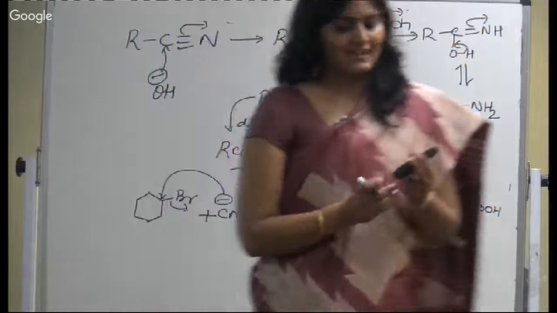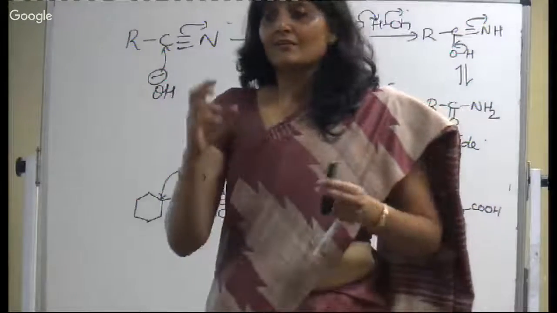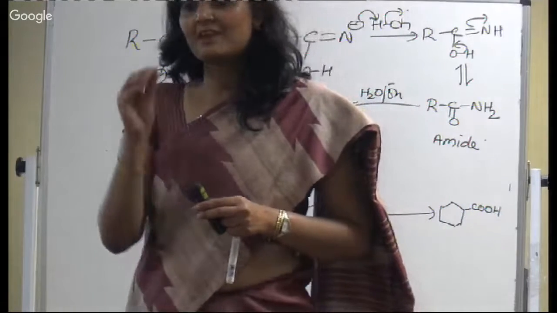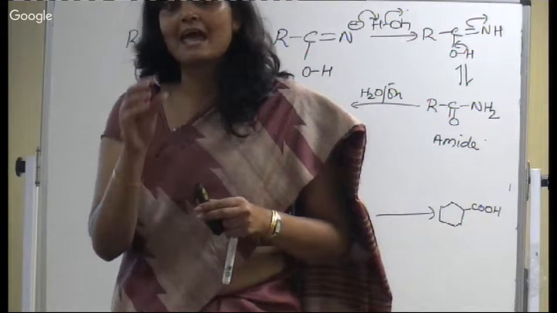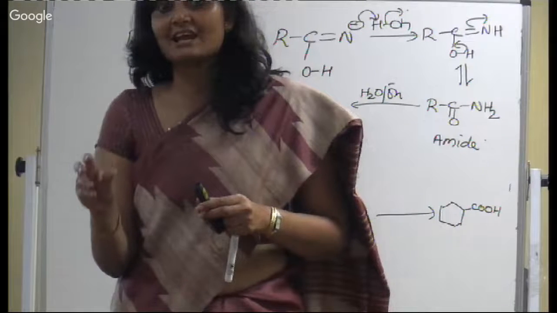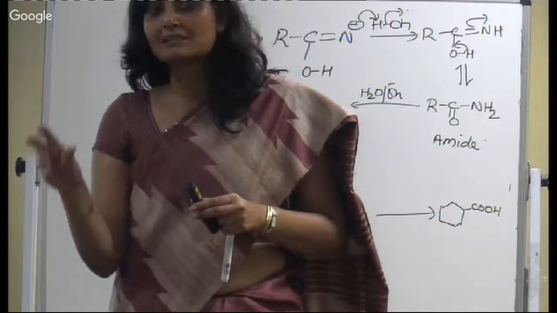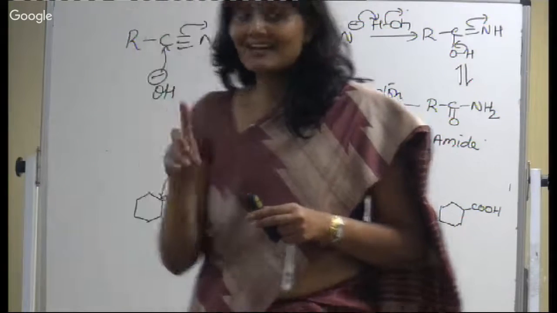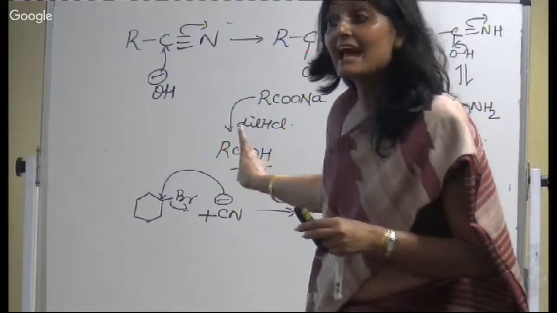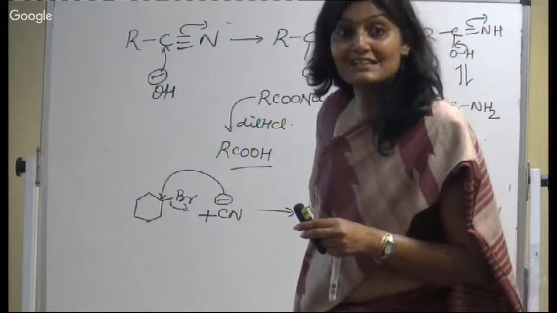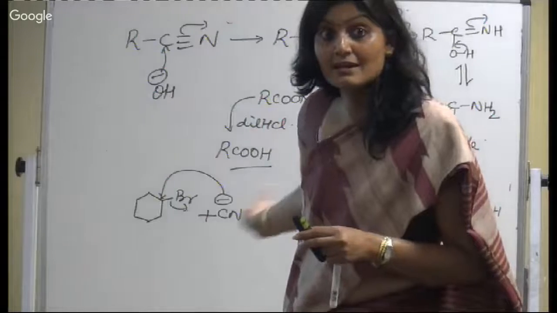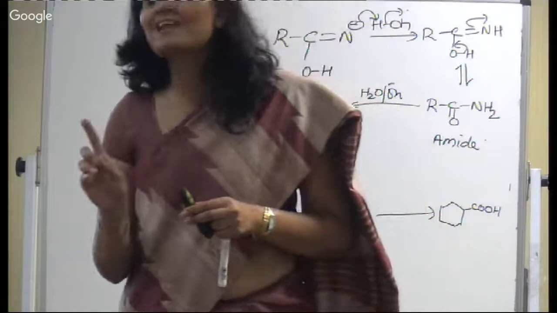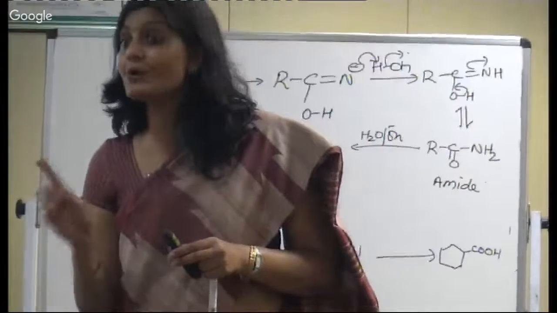Now, one question I have here. We learned that the Grignard reagent reaction can be used both for alkyl as well as aryl halides to get carboxylic acids having one carbon more. Now here I have converted an alkyl halide to a carboxylic acid having one carbon more.